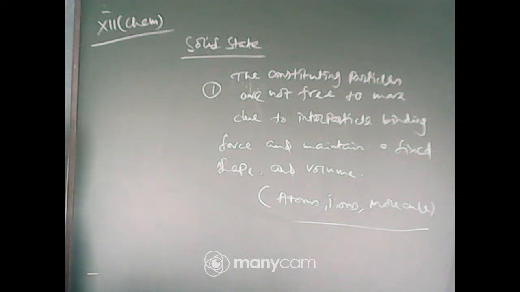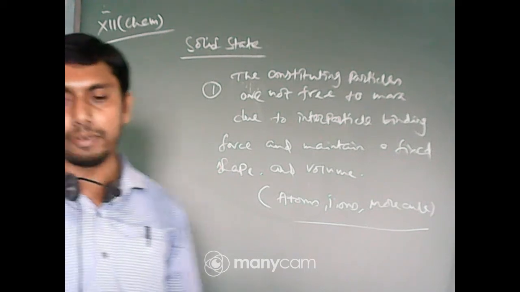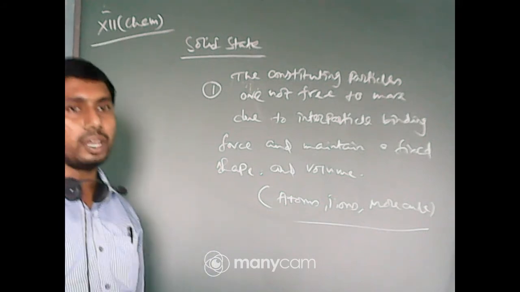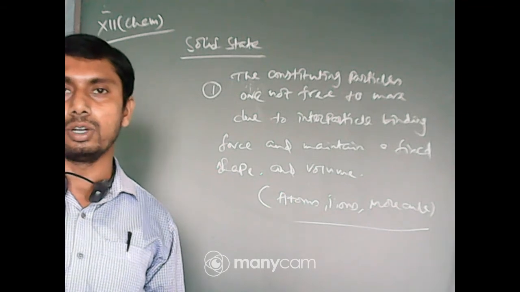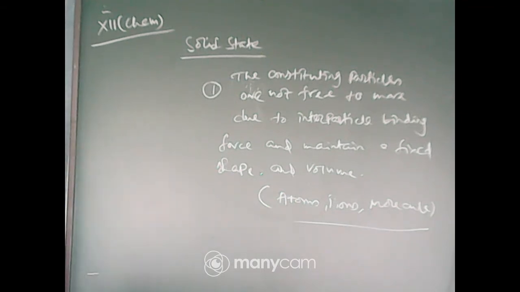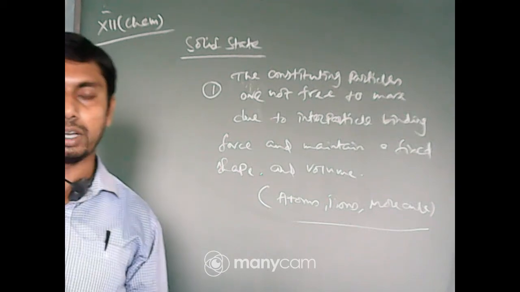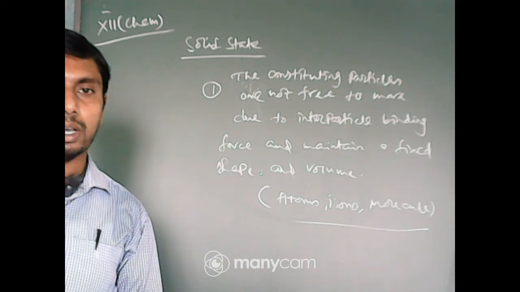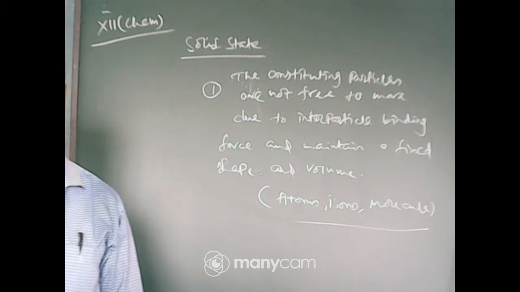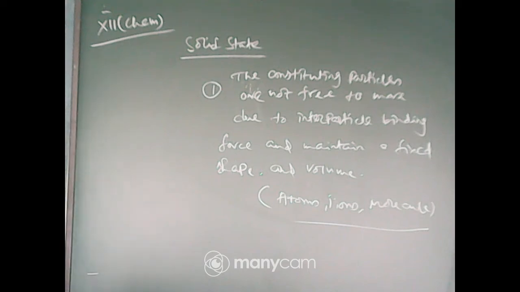The melting point of oxygen is 55 Kelvin, which is very low with respect to our normal temperature of 0 degree centigrade; here it is in the Kelvin scale. Both oxygen and nitrogen are gases because the intermolecular van der Waals forces are very negligible, so they are gases at room temperature, and the melting points are also very low.